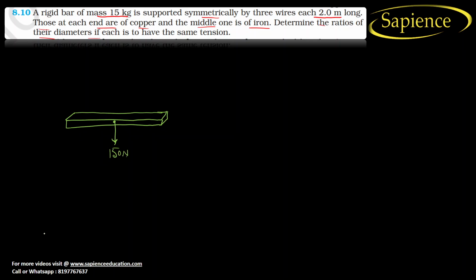And it has been supported by 3 ropes or 3 wires. The ones at the ends are made up of copper, but the middle one is made up of iron.